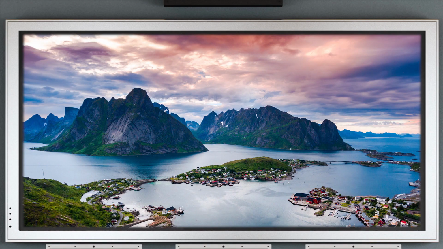This picture I took on a mountain in Lofoten, Norway. I am 666 meters above sea level. Here's a little view of the area.